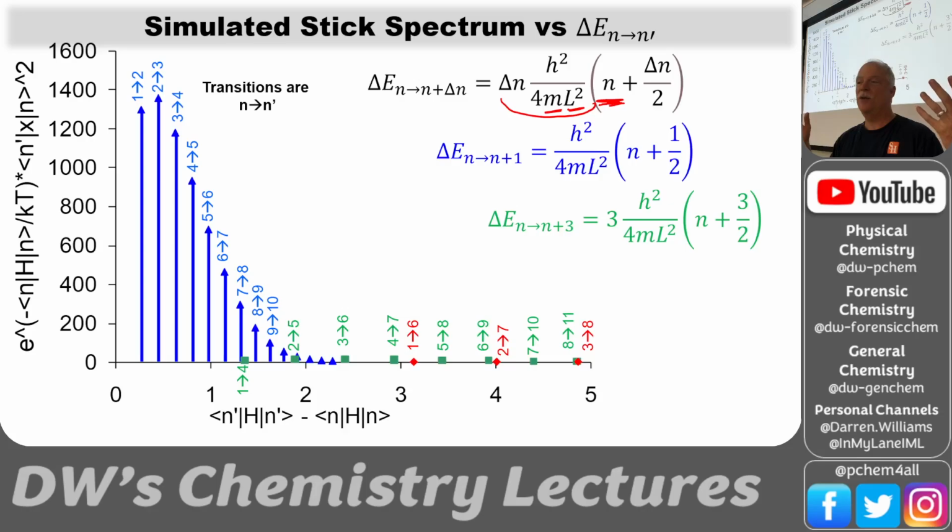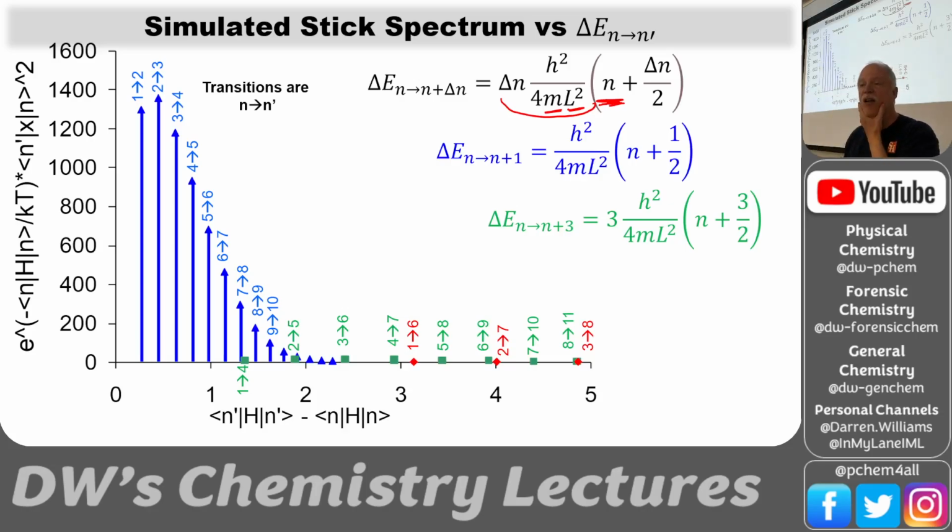If you're in UV-vis, the horizontal axis is wavelength, so your fundamental will be at the longest wavelength. And if you're in infrared and you're plotting wave number, which is proportional to energy, then your fundamental will be on the left, at the lowest energy. So lowest energy, longest wavelength. They go together. Yes.